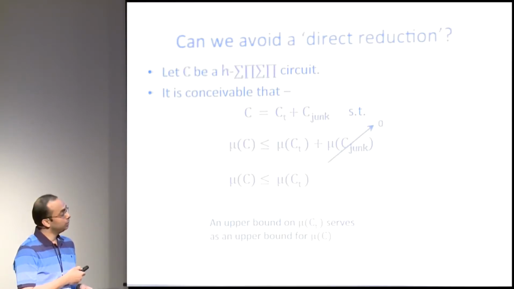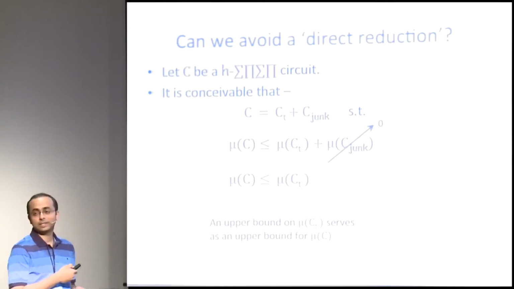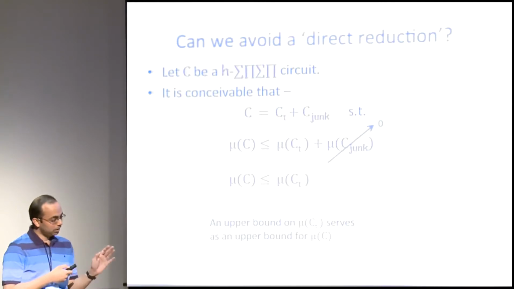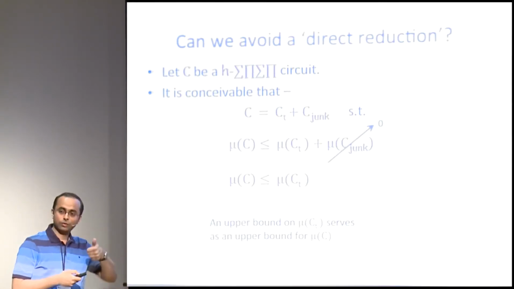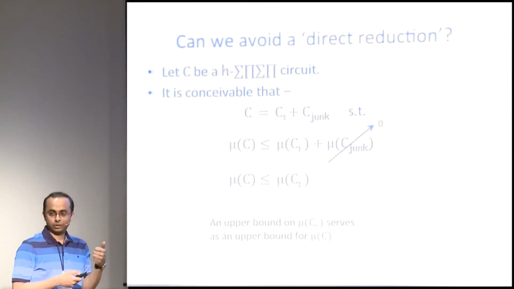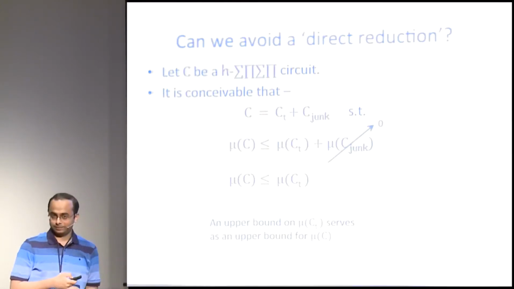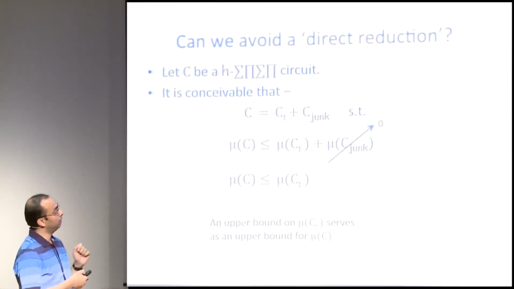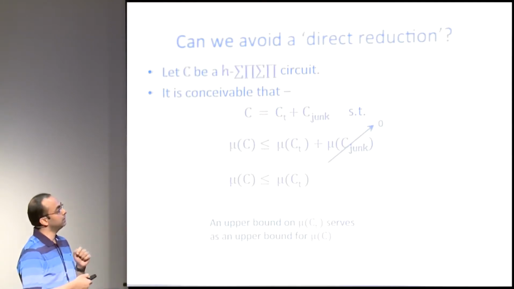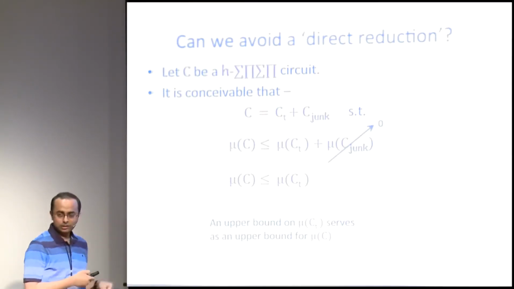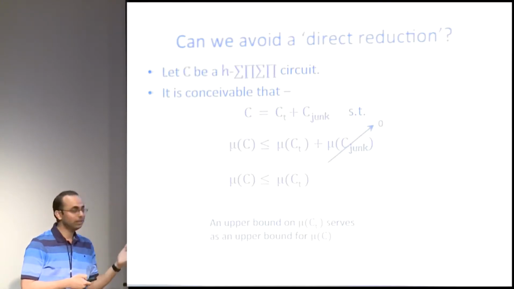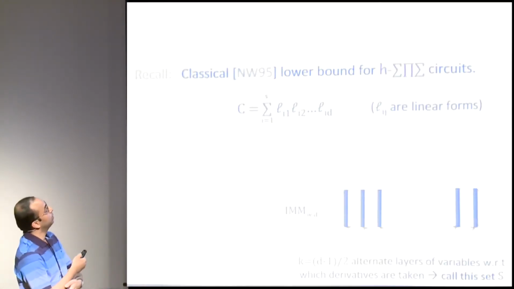So you can show that using the measure applied on a depth 4 circuit with bottom fan-in bounded by T, although C_T is not exactly computing C. So you allow a little bit of junk, but you take advantage of the measure and use it to kill off the junk part, so that the upper bound on C_T still serves as an upper bound for C, right? So that's a very high-level idea, but does it work? Let's see whether it works or not.